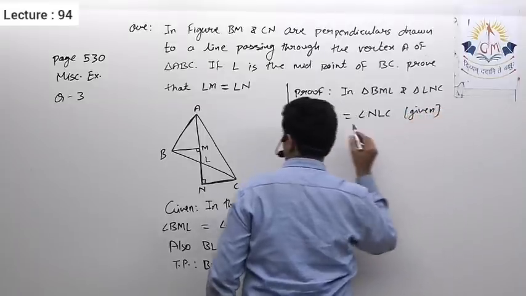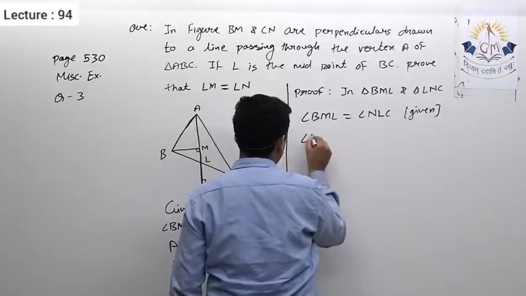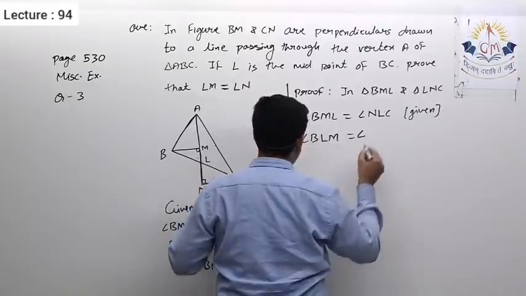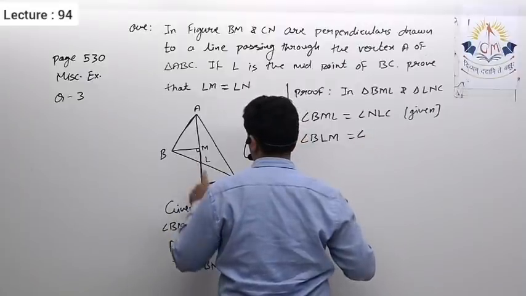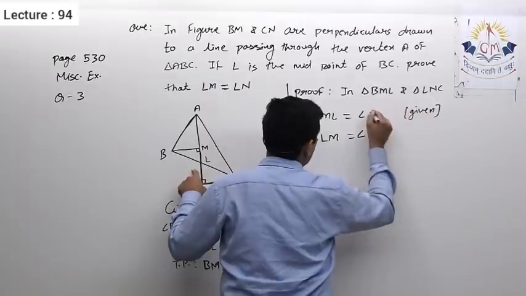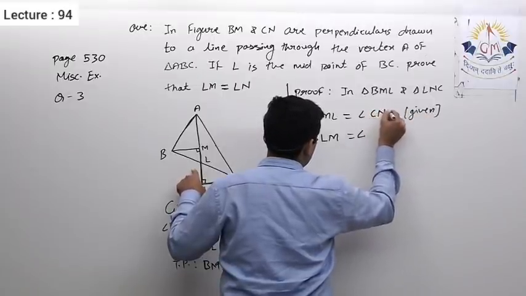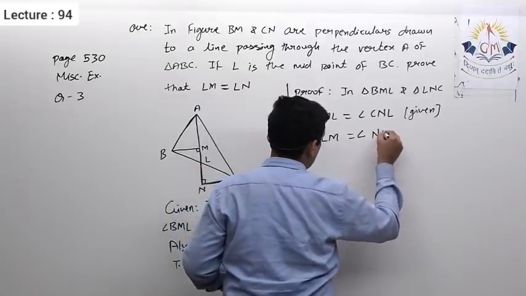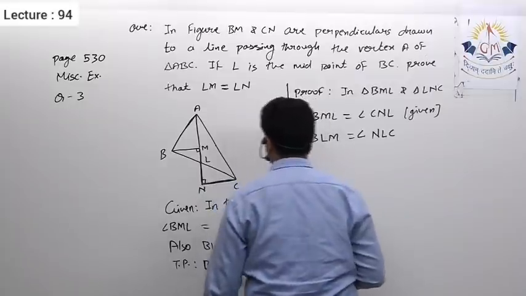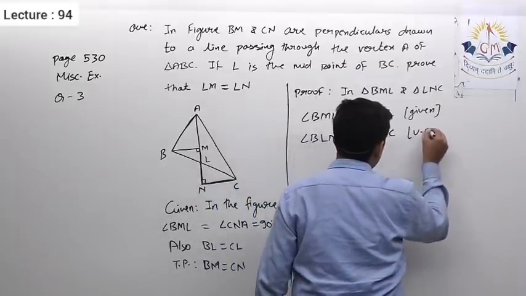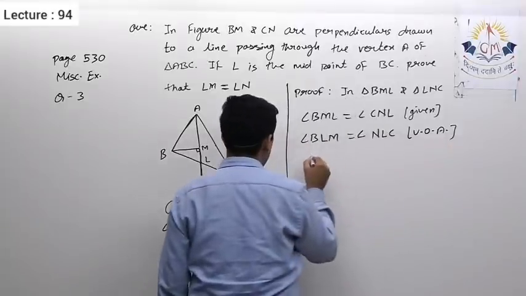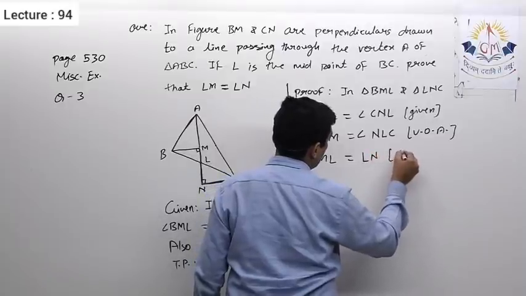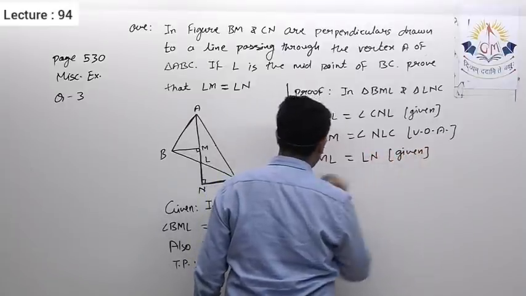Then angle BLM is equal to angle NLC, that is vertically opposite angles, and ML is equal to LN, that is again given.